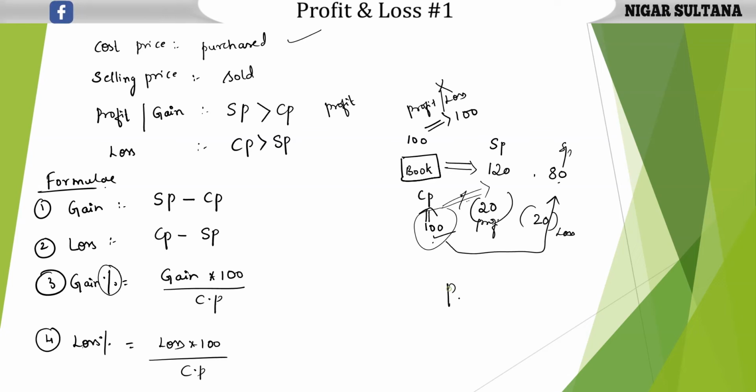Suppose a person P1 has purchased a book for 100 rupees, and this book will be sold for 120 rupees to P2. Again this 120 rupees can be changed to 140. See, the selling price can change but the cost price remains the same. So we have taken the cost price for percentage gain and percentage loss.